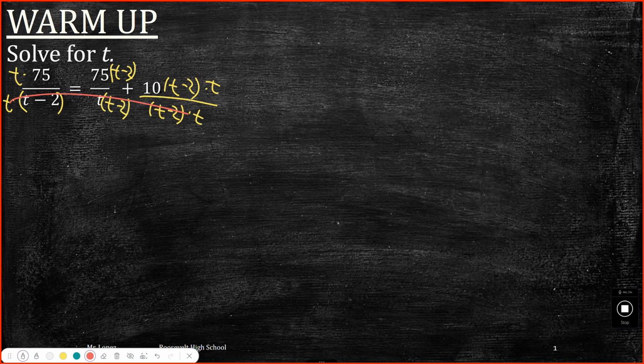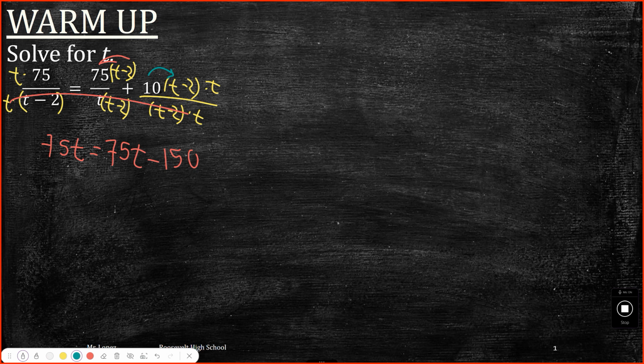Cross off the whole bottom because it's an equation, so I'm gonna just do that. So this is gonna be 75t. Distribute here, that's gonna be 75t. 75 times negative 2, negative 150. And here, I think you guys understand that t goes with 10, so I'm thinking in my head 10t times t, yes?